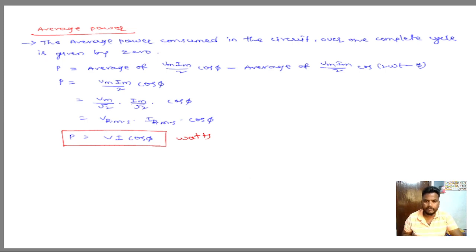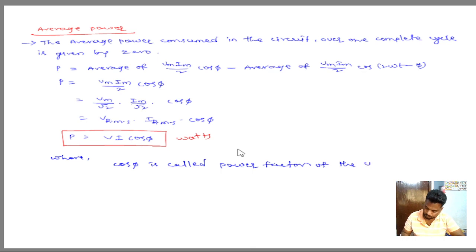What do you mean by cos phi here? Cos phi is called the power factor of the circuit. What is the power factor value?